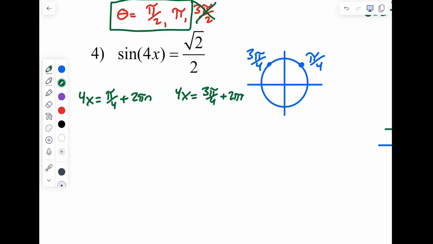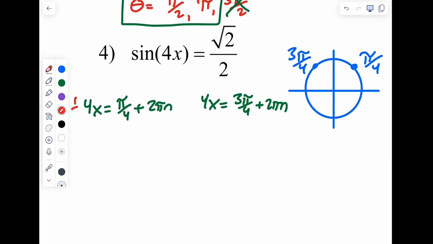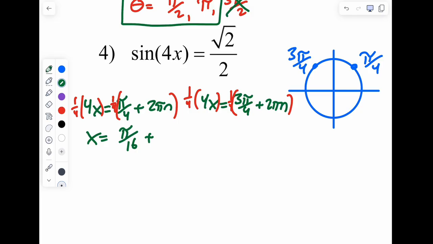I'm not leaving this, obviously, because I don't want all the answers. I just want the answers between 0 and 2 pi. So I do the same thing I did in the other problems. And then I'm going to divide everything by 4, which, like we said before, is like multiplying by 1/4. So really nothing is different than the first notes on problems like this.